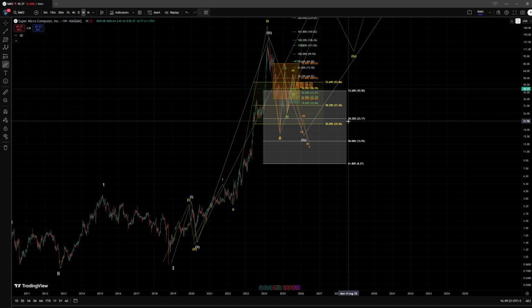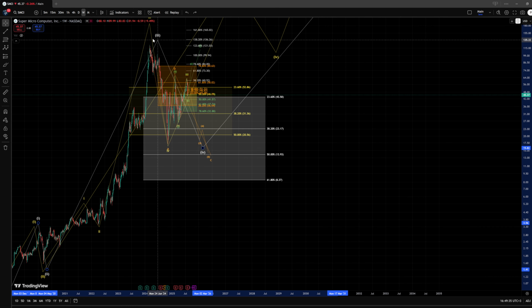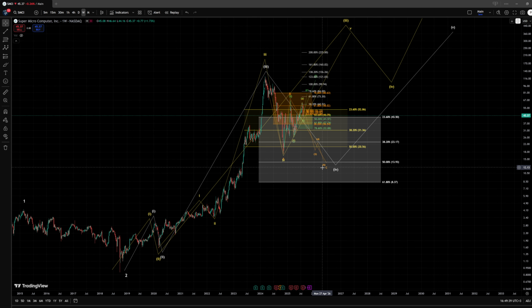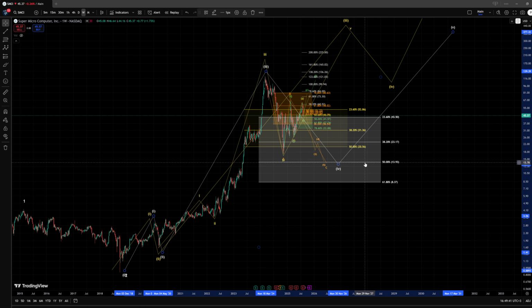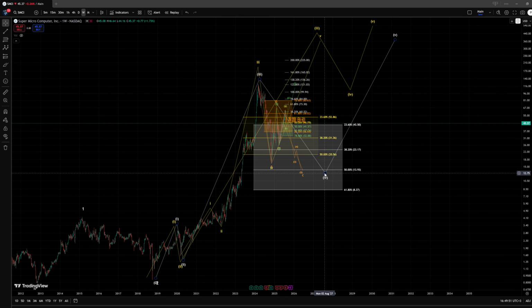The yellow scenario holds as long as we stay above the 50% retracement level here, or at least above the previous low at around $17 and something. Otherwise I would have to fall back only to the white interpretation. But in the white scenario, I would start considering different options, and I don't necessarily like that idea too much either.